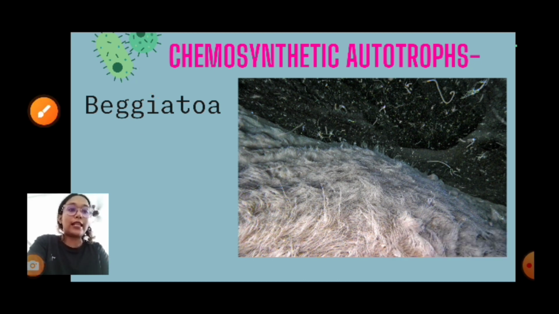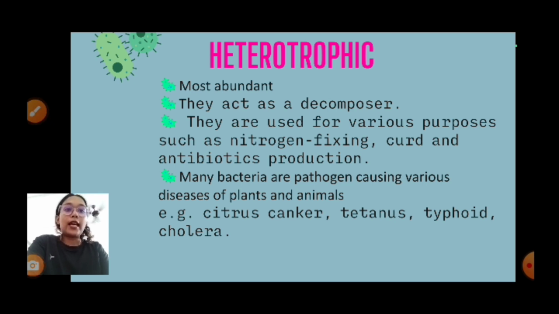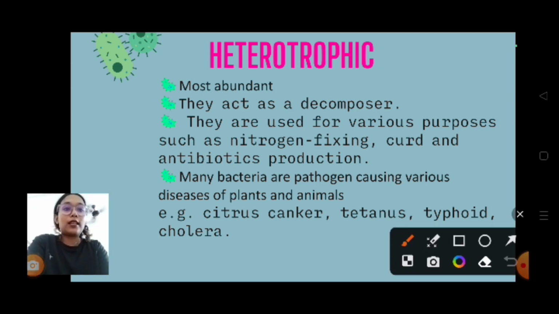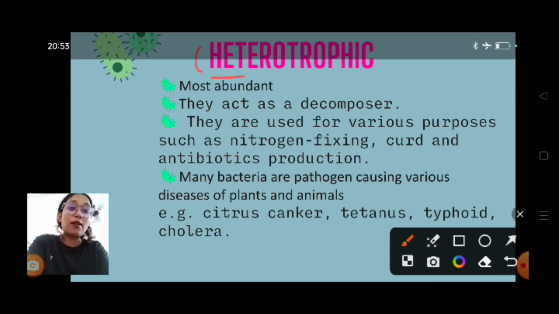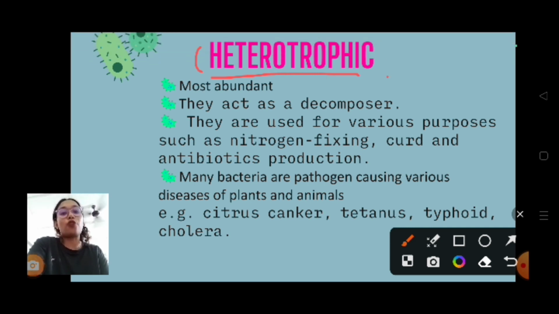So moving on to the next slide, heterotrophic bacteria. Maximum bacteria are heterotrophic. The first line says most abundant, meaning the maximum of bacteria are heterotrophic. They depend on others for their food. They act as decomposers also.